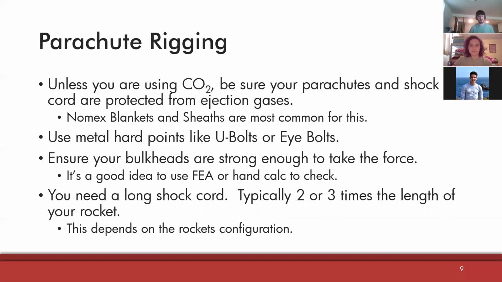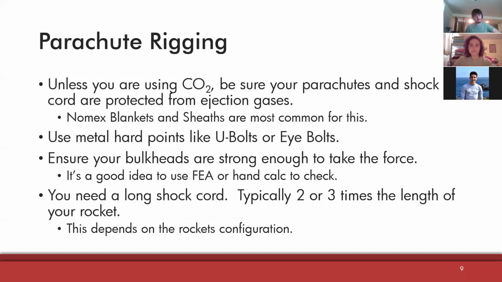I know this was a mistake that we made the first year we competed in USLI because we only used 1/4 inch wood for the bulkheads on our rocket, and that ended up leading to one of the bulkheads getting completely ripped out. 1/4 inch wood can work well on smaller L2 rockets like the rocket I have.